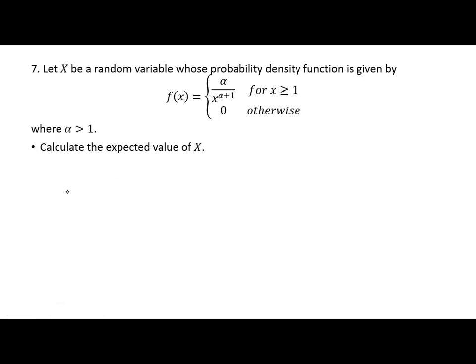In general, the expected value of x for a continuous random variable is an integral over the entire real line, negative infinity to positive infinity, of x times the PDF, f of x, dx. That's just by definition. There's nothing about the example that I've written up there yet.